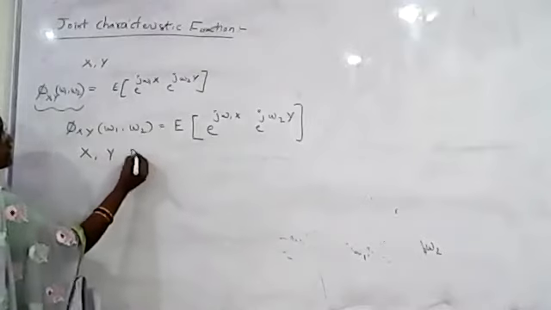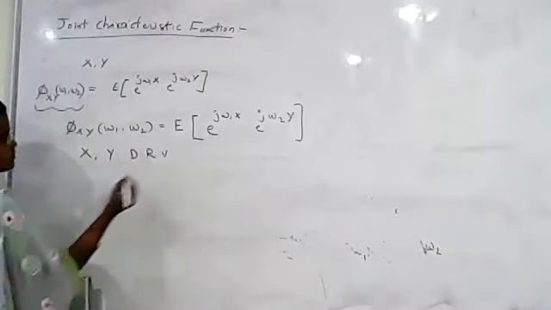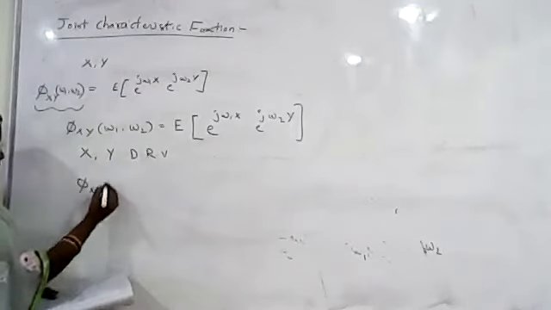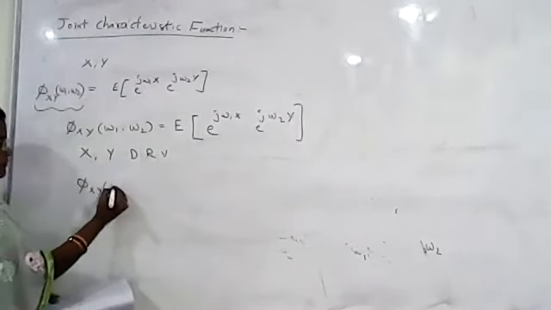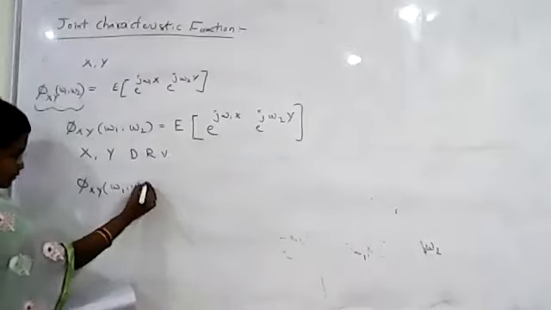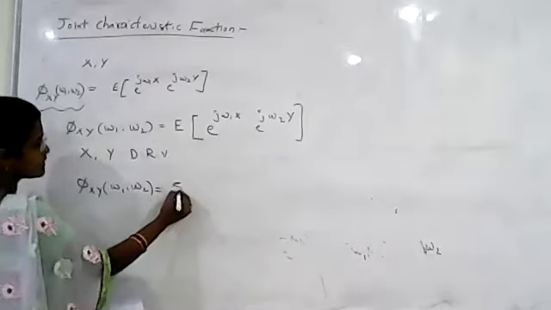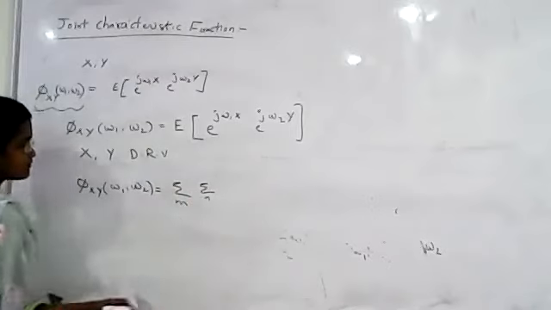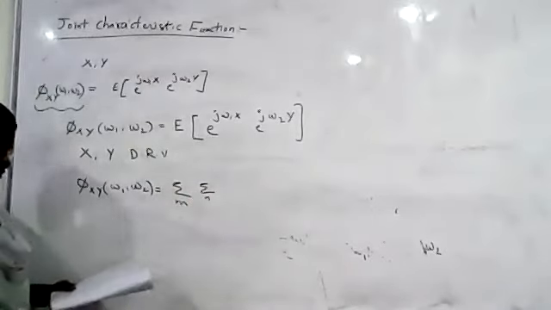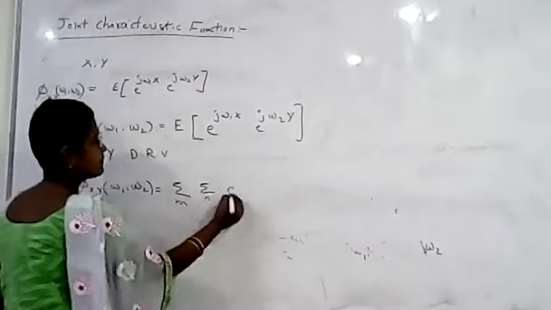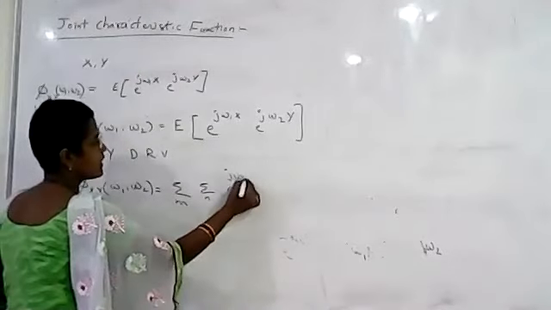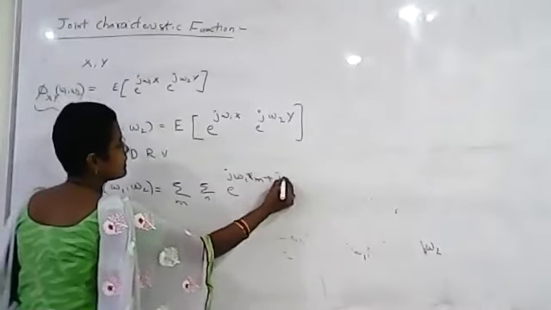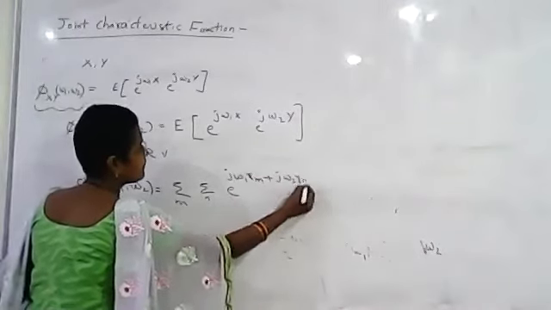In the discrete case, phi xy of omega 1, omega 2 will be equal to a summation with respect to m and a summation with respect to n, where m is for x and n is for y.